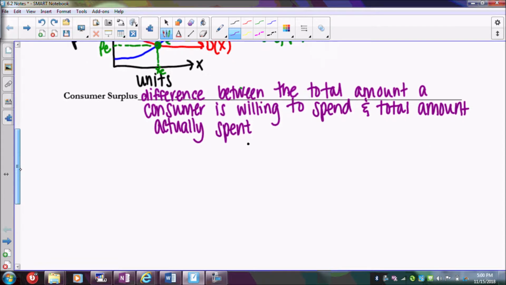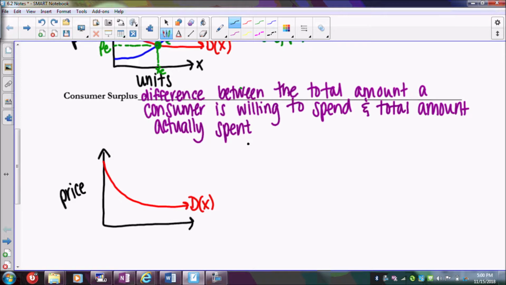If we look at this visually, I'm going to sketch that same picture, but the difference is I'm only going to look at the demand function here. I'm not going to look at the supply since we're talking about the consumer. So if I sketch in the demand function again, remember that this is the price, p, and this is the number of units, x. Let's say that the equilibrium point was somewhere right here, so I'll say this is x sub e and p sub e.